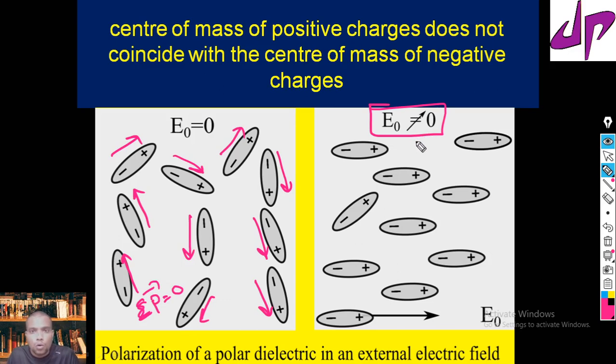Now, because of the effect of the external electric field, these molecules start to align. They will align in that particular electric field direction. So they are all oriented in one particular direction. That is the net dipole moment direction.